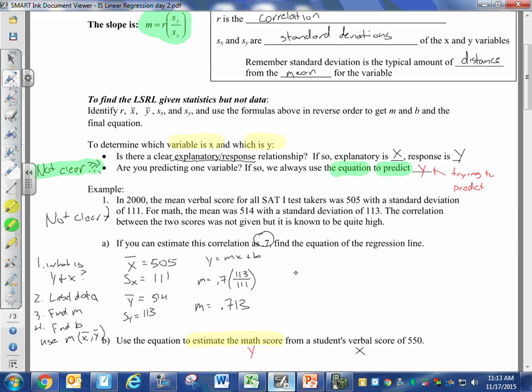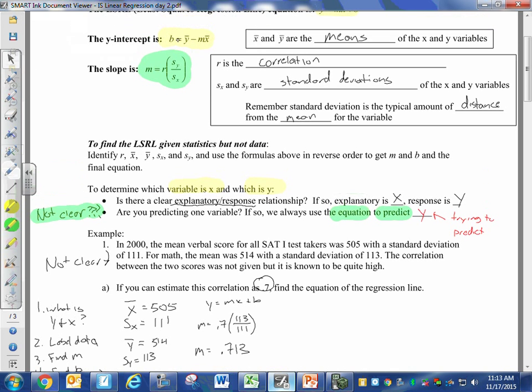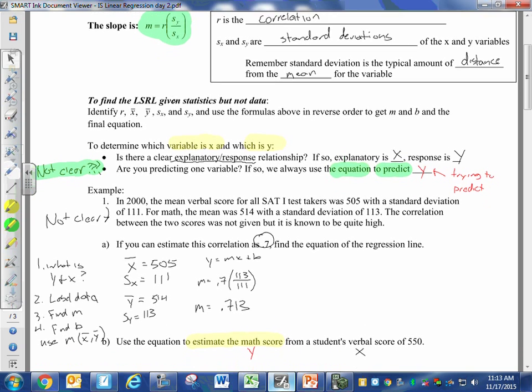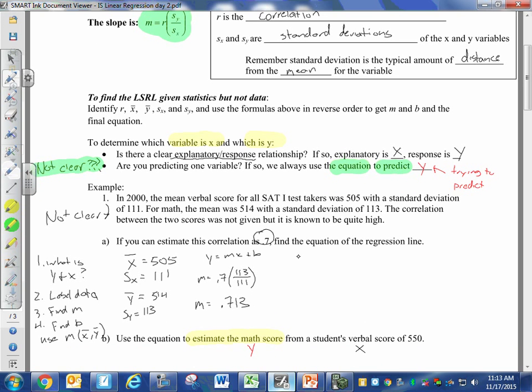Okay, so we know we have the equation and you can go straight to this. However, some students just forget this equation. Instead, you know y equals mx plus b. The only thing you need to know is this m equation. You can say, okay, well, y will equal 0.713x plus b. I know that the point 505, 514 is a point that will work here.